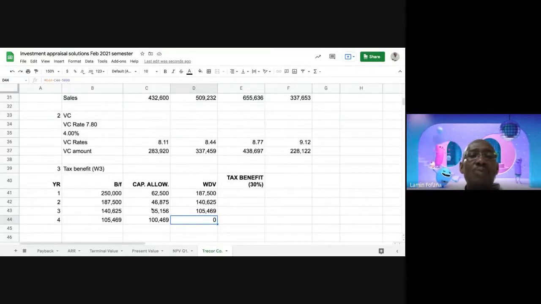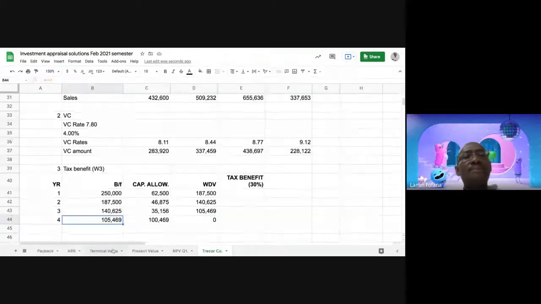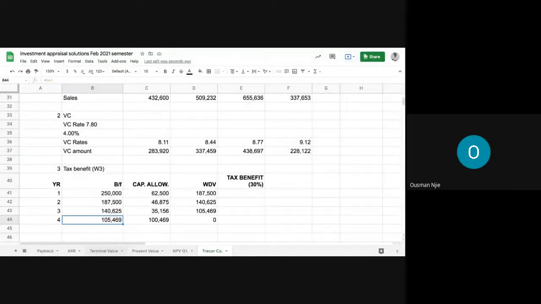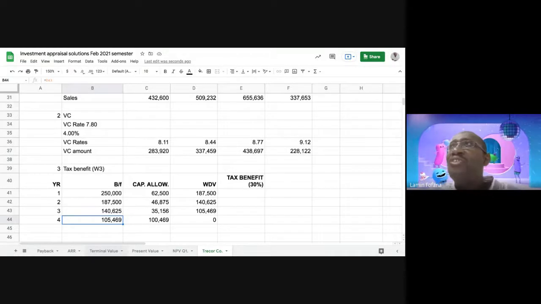But for now, when we are calculating our capital allowance, we know at the end of the life of the asset, what do you do? You sell the asset off, don't you? Yes, but the cost of the asset is far more than what we sold it for, so we had a loss there. Yes, naturally you'll definitely have a loss.